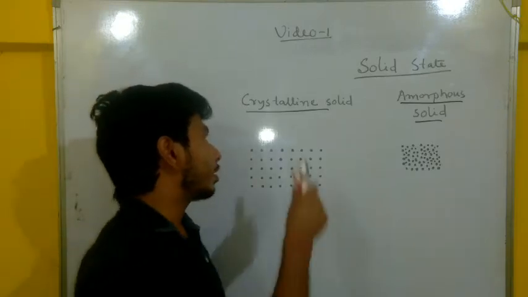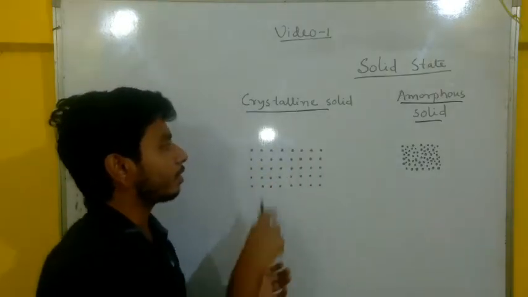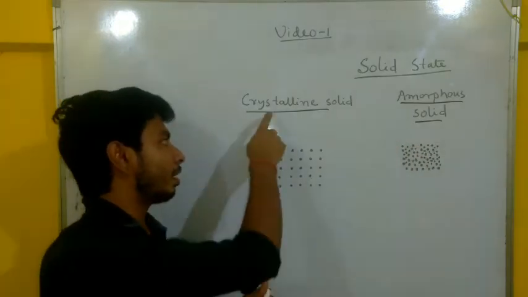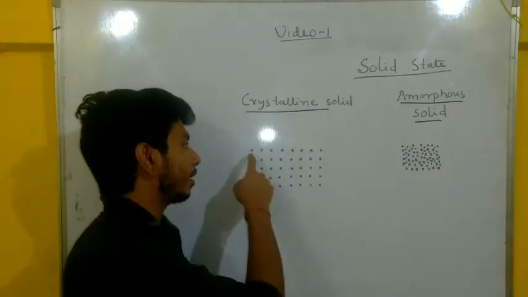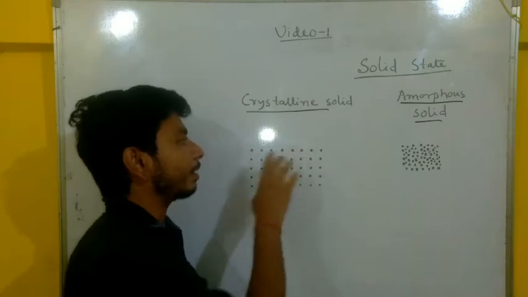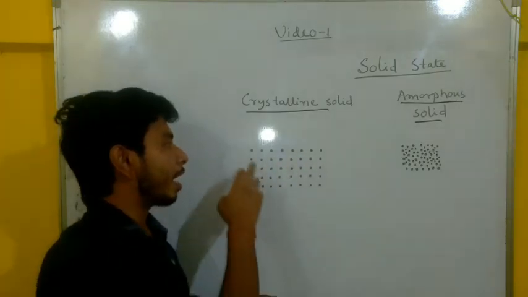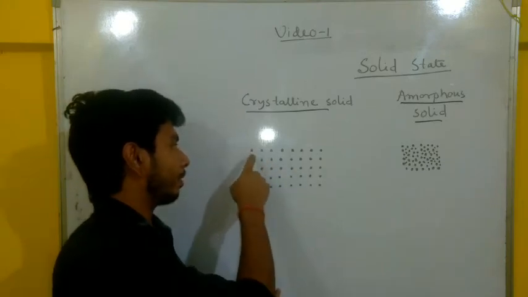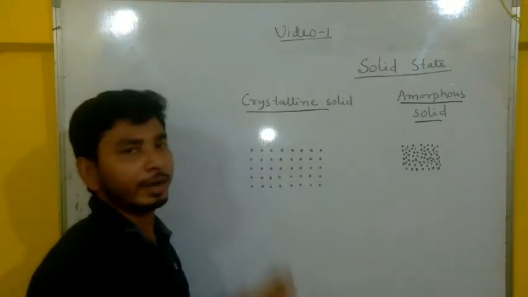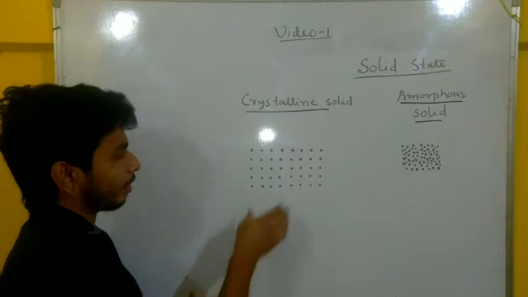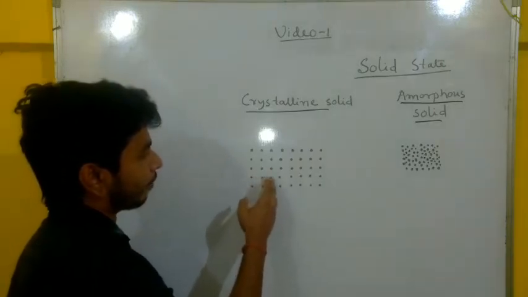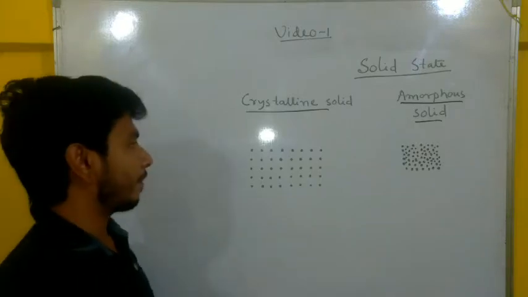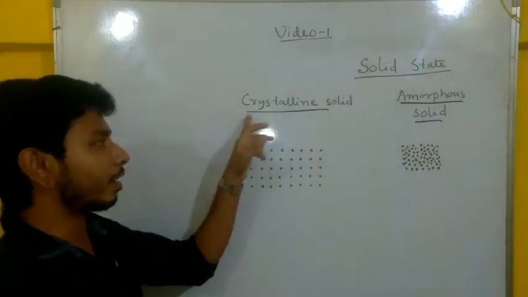So in crystalline solid, suppose these are the particles. In amorphous solid, these are the particles. Now in crystalline solid, the particles are arranged in some regular arrangement. So there is a pattern of arrangement of the particles. So in a solid, if the particles are arranged in a regular pattern, then the solid is called crystalline solid.